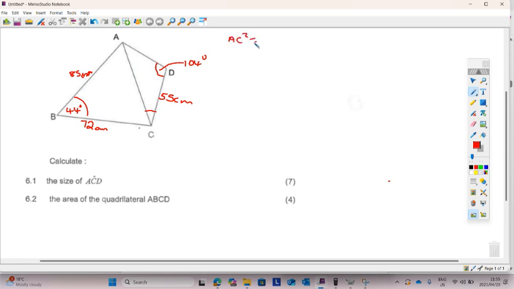AC squared would be equal to AB squared plus BC squared minus 2AB and BC times cos B, that is the angle between.